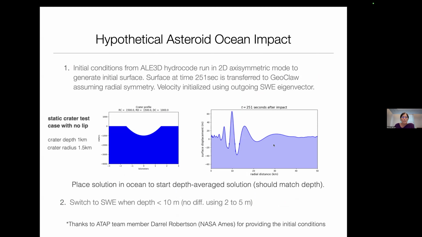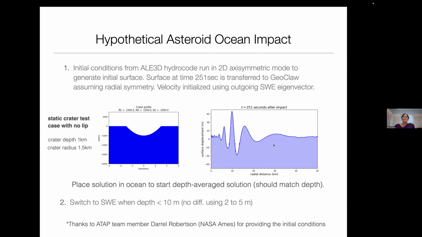And here is a quick last example to show what happens with, instead of the first example I showed of just a Gaussian expanding across a flat domain, a real calculation with bathymetry of our hypothetical asteroid ocean impact, because that's the motivation for me, at least, for doing this.